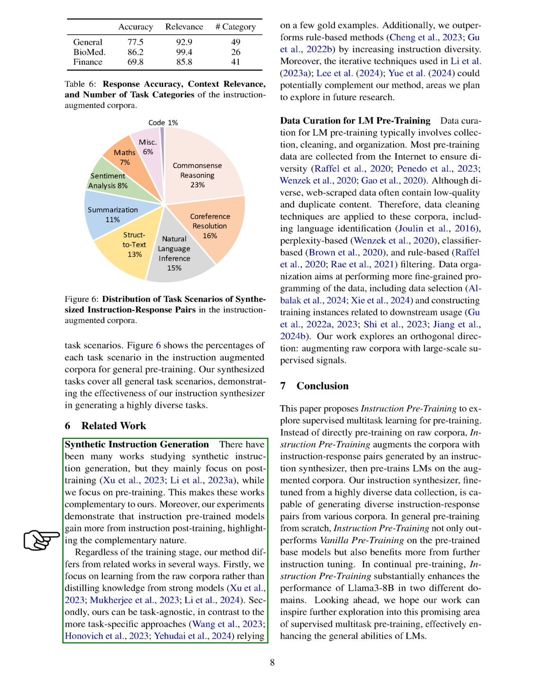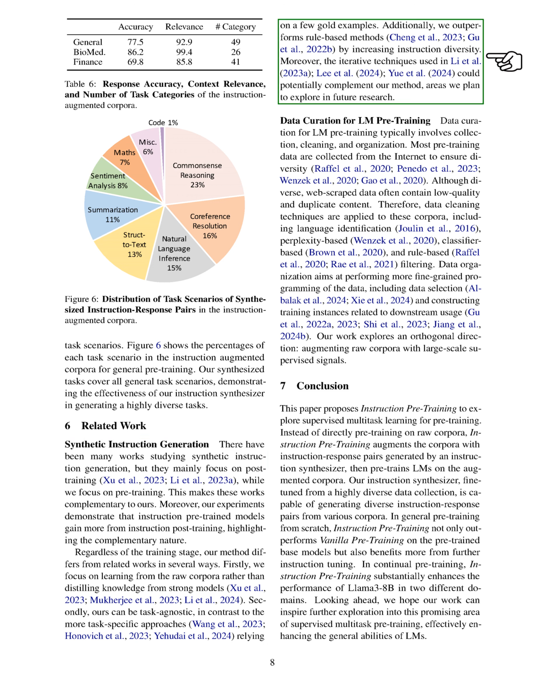Firstly, we concentrate on learning directly from raw corpora instead of distilling knowledge from strong models. Secondly, our approach can be applied to various tasks, unlike more task-specific methods that rely on a few specific examples. We also surpass rule-based methods by enhancing instruction diversity. Furthermore, we plan to explore how iterative techniques used in other studies can complement our method in future research.